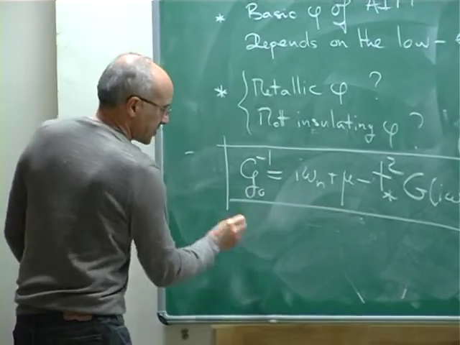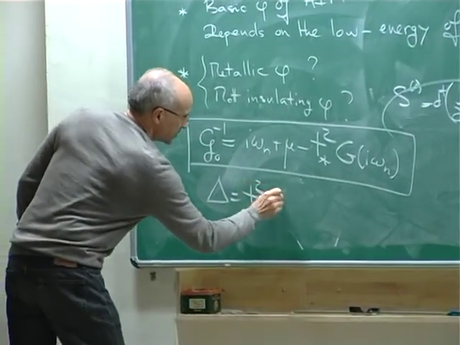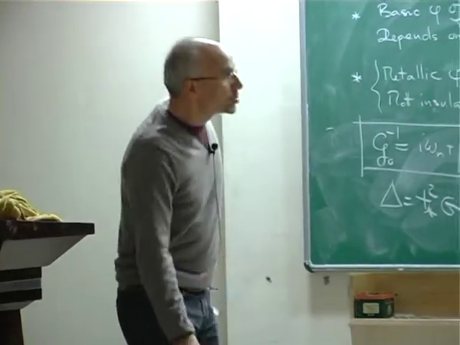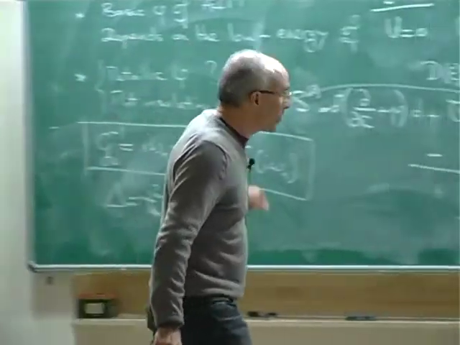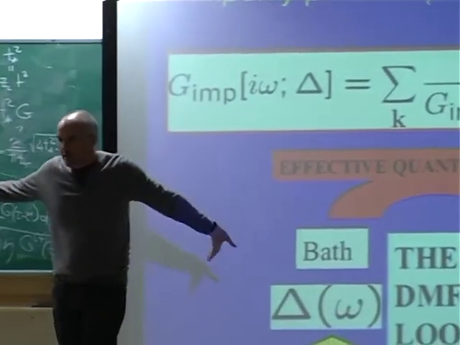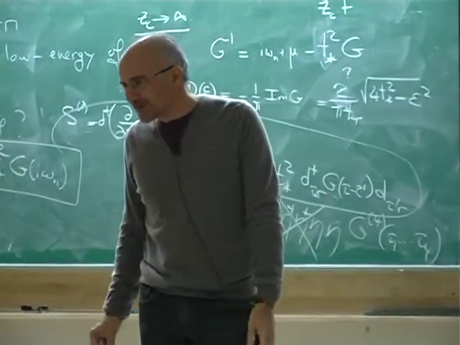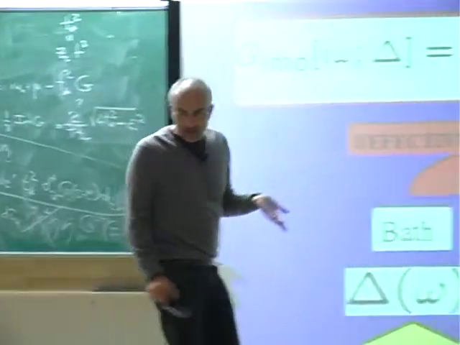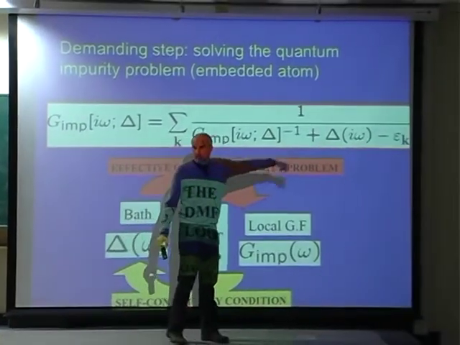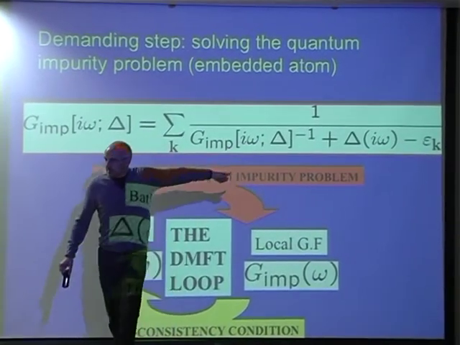This relation tells you that Delta is t star squared G. So question: is this equation consistent with this one? Because here we've done two completely different pieces of mathematics. So, an exercise for the students: take a semicircular density of states for epsilon k and do this integral, which can be done analytically.